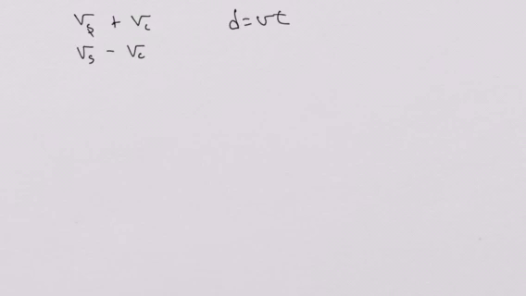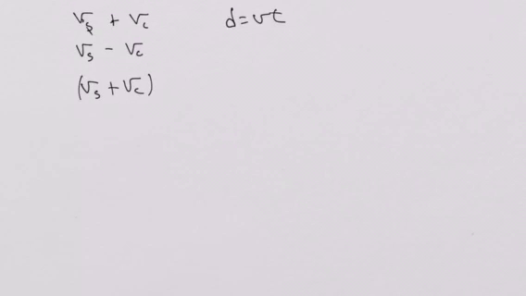In the case where we're rowing with the current, we add those two velocities together, and that times 3 hours equals 30 kilometers or meters or whatever it is. I can't remember, I'm not looking at the details of the problem.